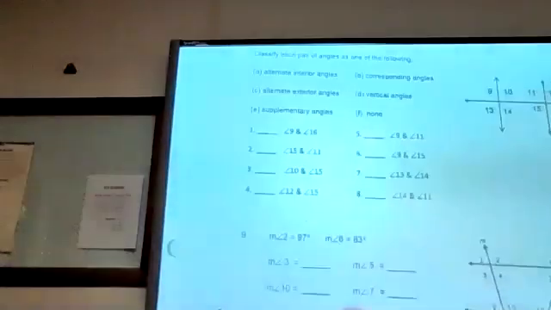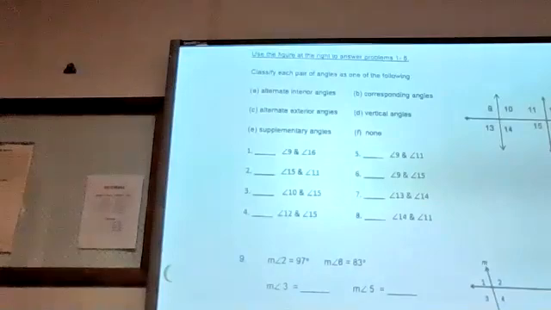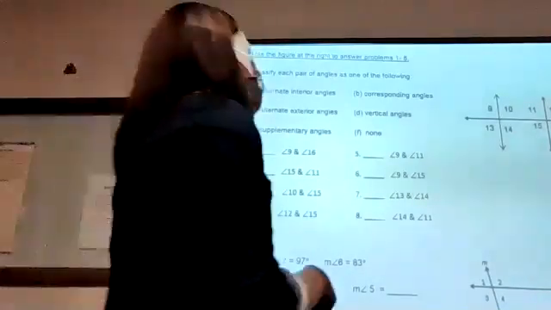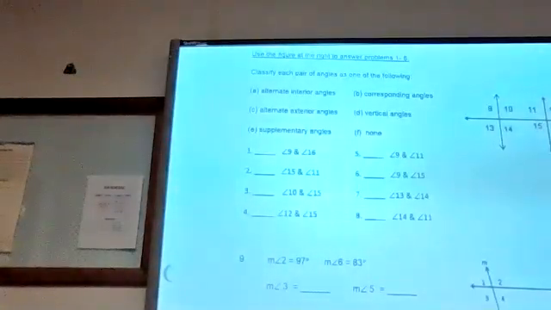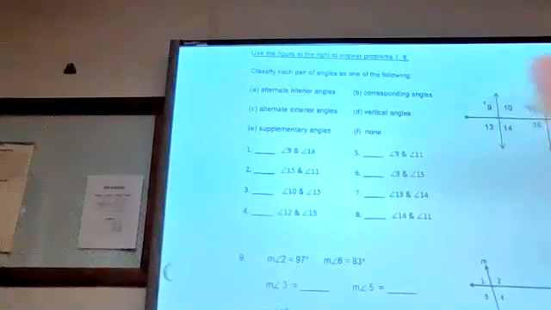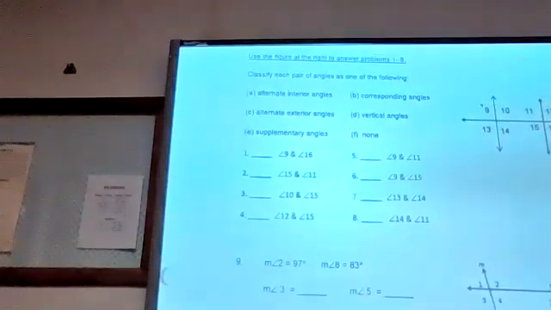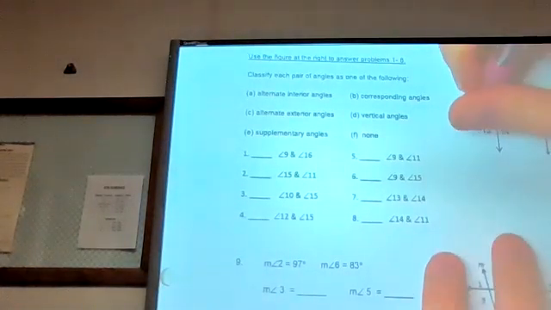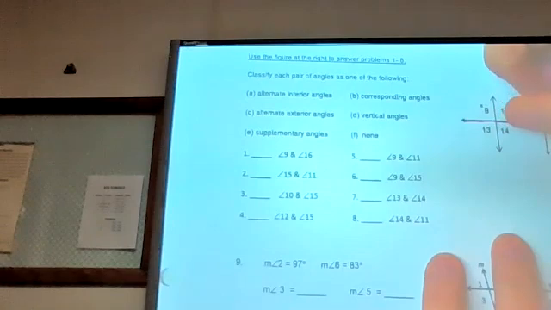So on this warm-up, it asks you to identify what each of these angle pairs are. So I'm just going to grab a pencil so I can erase as I go. 9 and 16, what angle relationship is that? Alternate exterior. So on this diagram, here's the transversal, right?